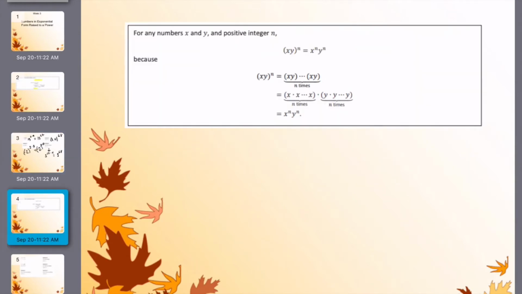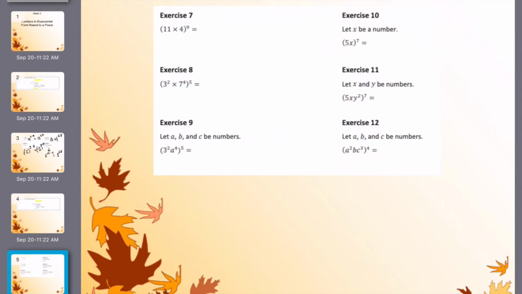So now there's one more part about this law, or an extra law, that I need to talk about. When I have two variables that are both raised to a power, that is the same thing as distributing that exponent into that parentheses. So let's talk about a couple of examples with those. So I have 11 times 4, all of that to the ninth.